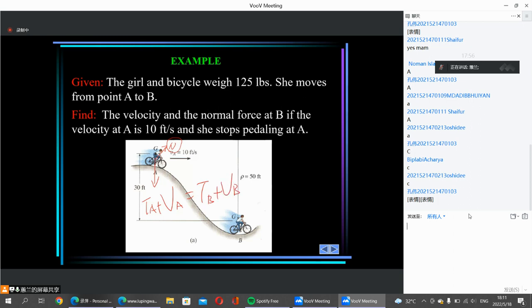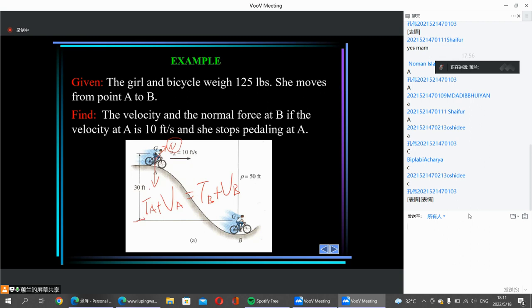TA and TB. TA is given, right? Because the velocity at A is given. The potential energy is also given, right? Because we can define a datum line.